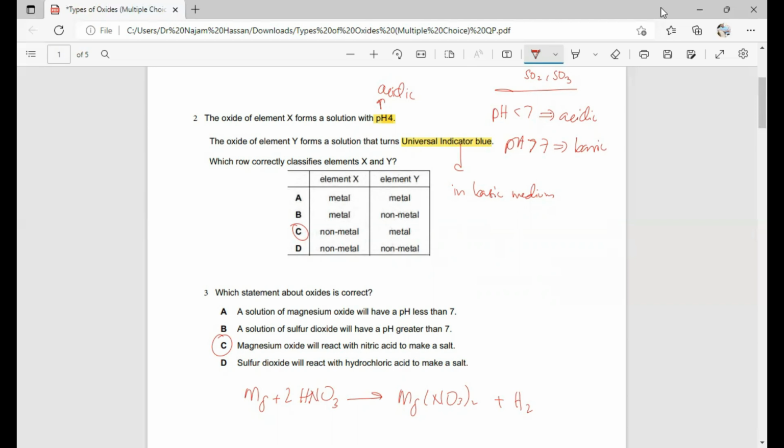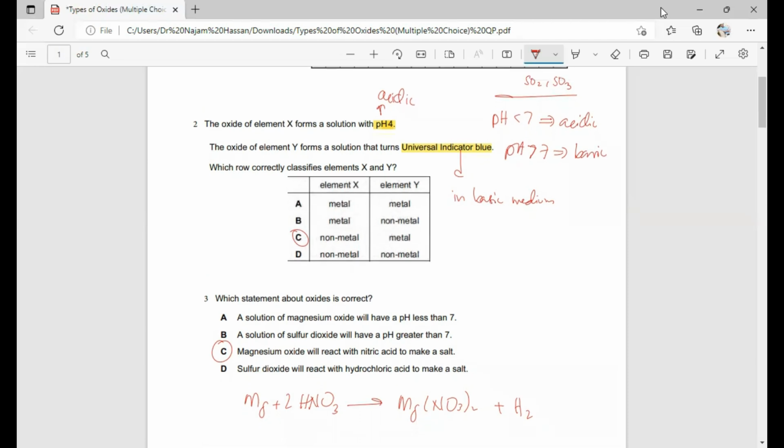And magnesium oxide will react with nitric acid to make a salt. A basic oxide reacts with acids to give salt and water, while a metal reacts with acid to give salt and hydrogen.